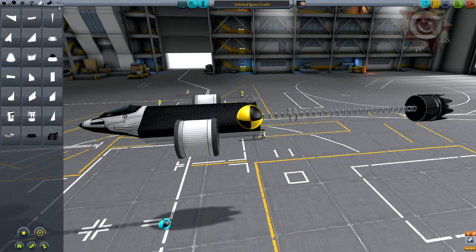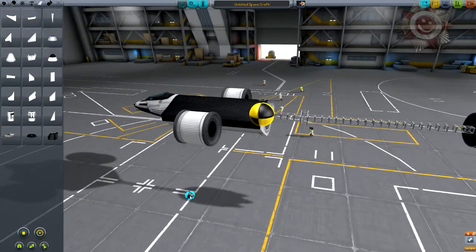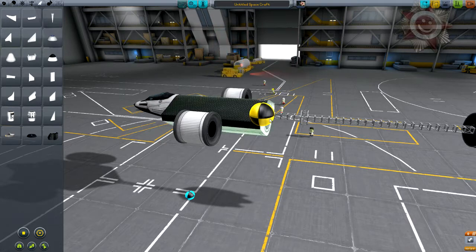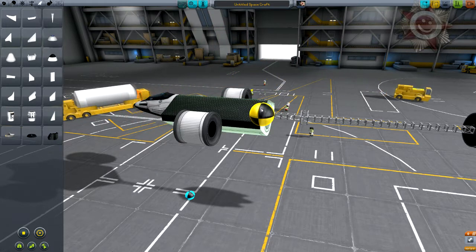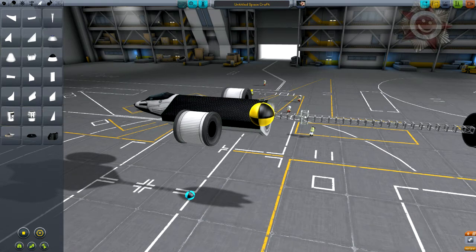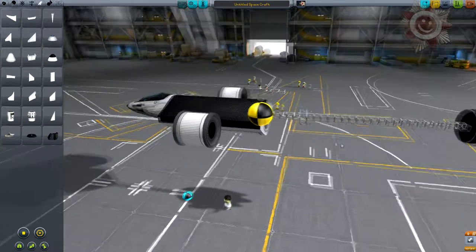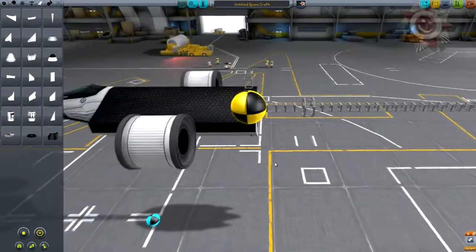The center of lift is important that it is always behind the center of mass. When the center of mass moves backwards, and if the center of lift is here and the tank dries and the center of mass moves here, the plane will become unstable and unflyable.